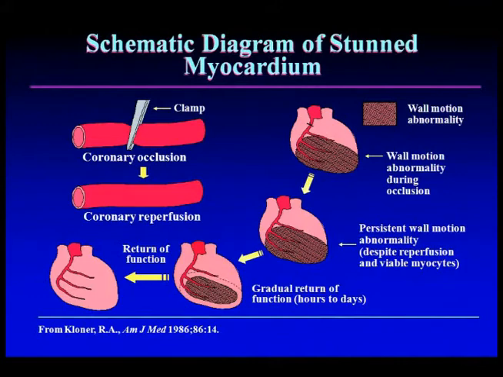Anemia, so not polycythemia, and people with diabetes also have a worse prognosis. So these are important for you to keep in mind because that identifies a group of people who need to be treated particularly aggressively.